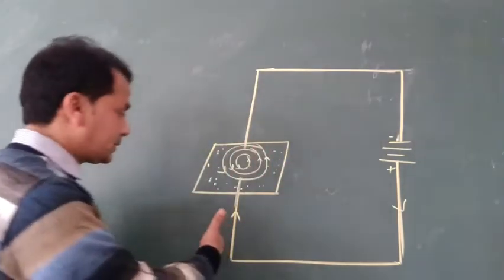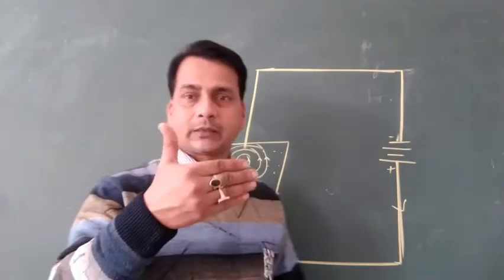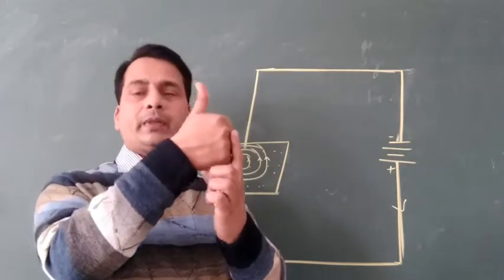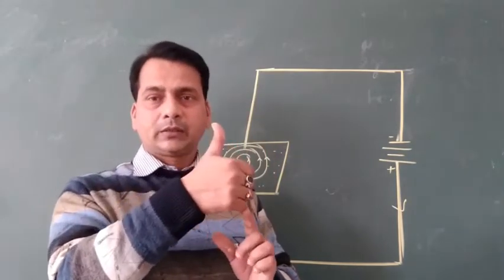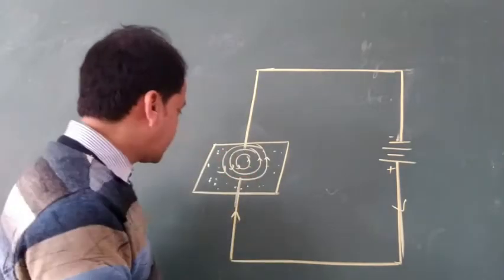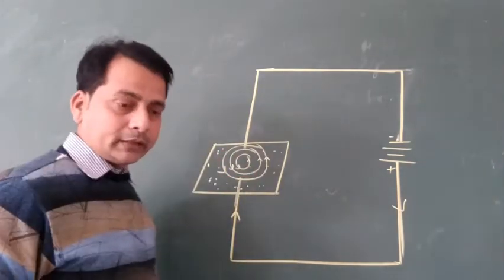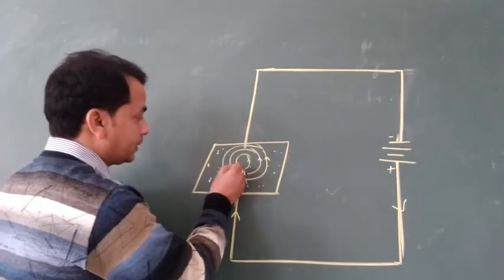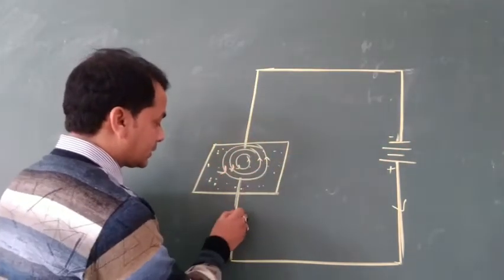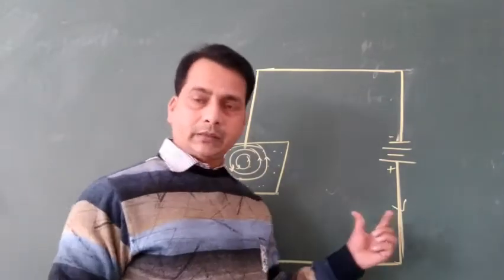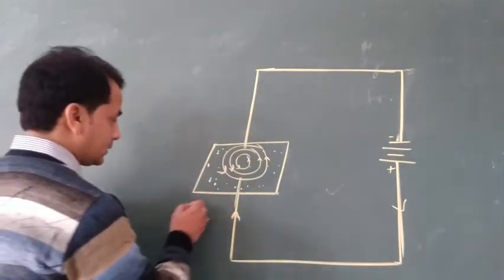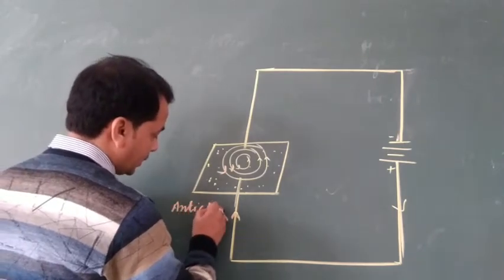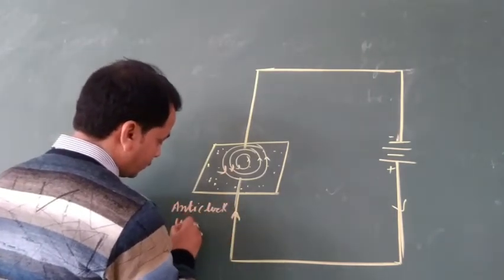Then the fingers curve anti-clockwise. Means the direction of the magnetic field lines is anti-clockwise.